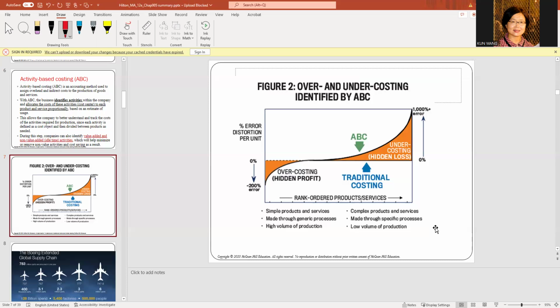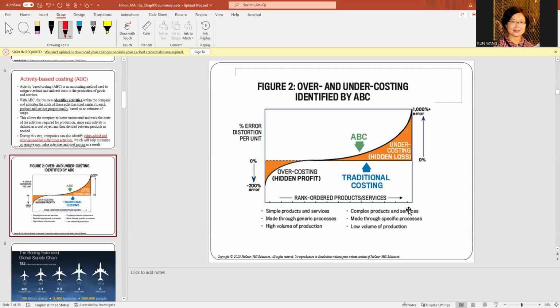The volume is not that much, but they require specialization or more complex production procedures. So in that case, if you use the same overhead rate as your common products or services, it will undercalculate the overhead allocated to this high-end type of products. So undercosting or hidden loss. You may charge a lower price than you should, right, for this type of products.